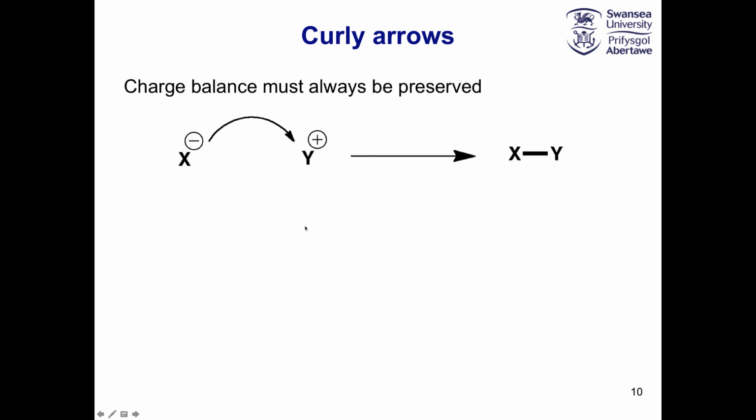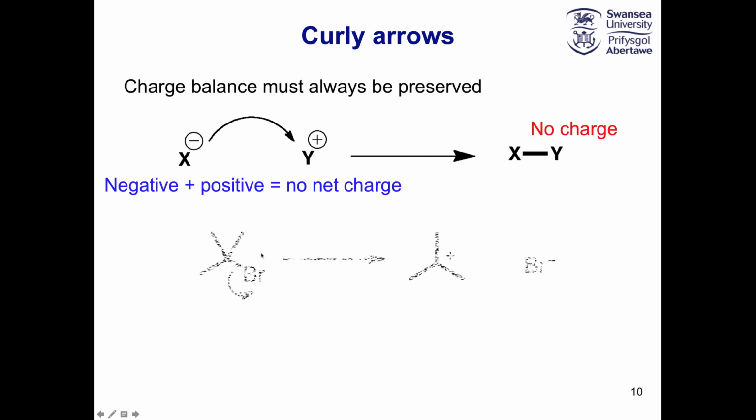Finally, you must always preserve the appropriate charge balance. Here, we go from a negative and a positive charge, and we create a product which has no charge, which balances. Electrons flow away from X, so it becomes less negative, and towards Y, which becomes less positive. Here, you have the opposite situation.